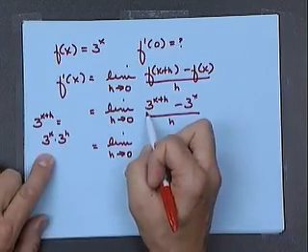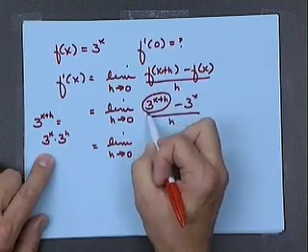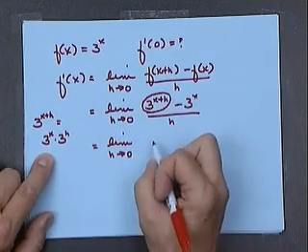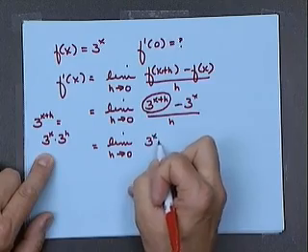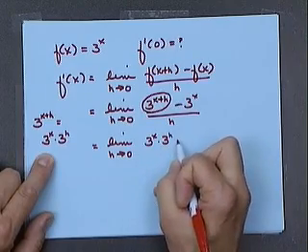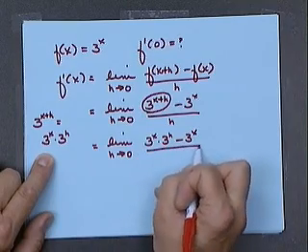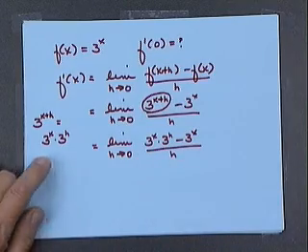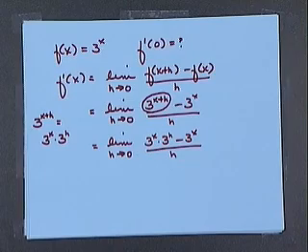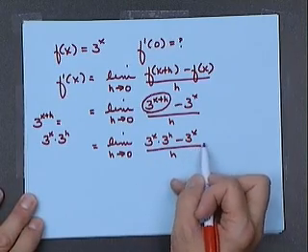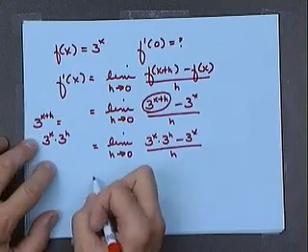So for 3 to the x plus h, we're going to replace it with something that's equal to that. Do you think that's going to help? Why might that have a chance of helping? Because we have a common term now. We have a 3 to the x in this term and also a 3 to the x in this term.